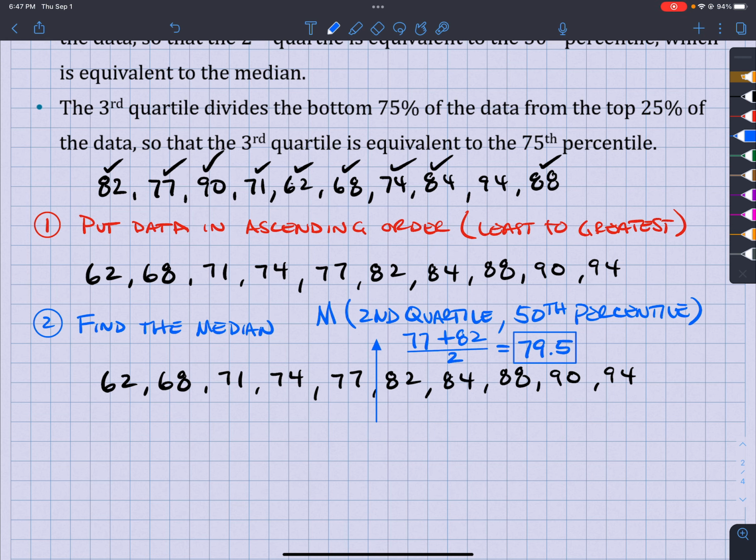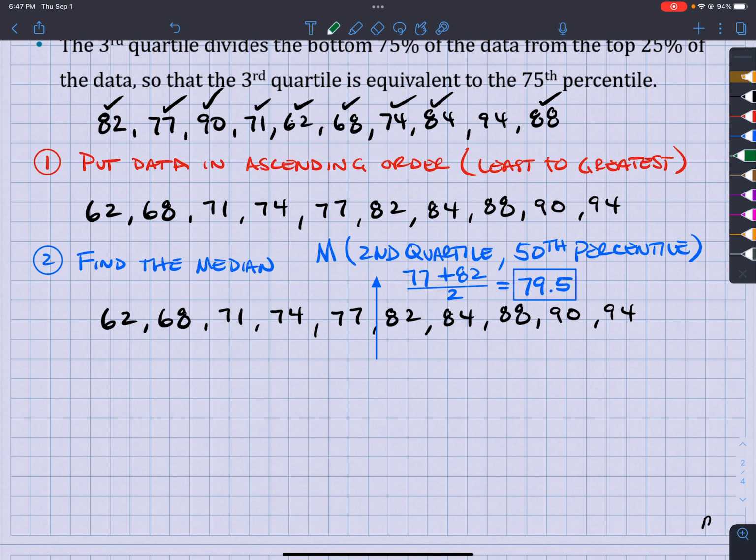So now, step 3. Once I've done that, what I'm doing is I'm looking for the first quartile. So essentially I'm finding the median of that bottom half, right? So find, I'll put in quotations, median of the bottom half.